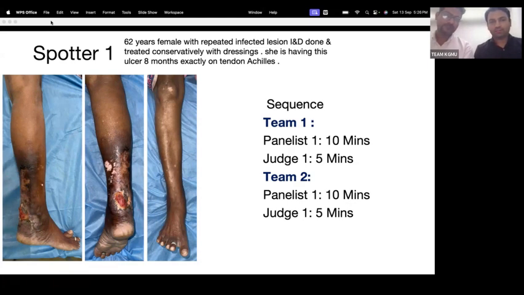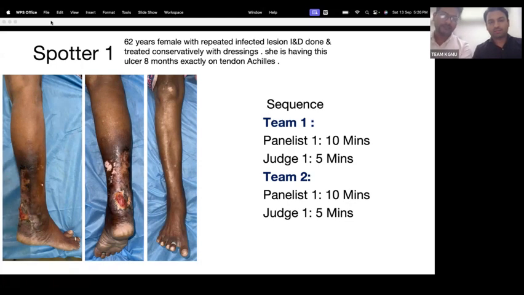How will you know that it is tendoachilles? Sir, on movement of the ankle joint, we will be able to appreciate. So how will you move? The patient is not going to move. Passively, I will do dorsiflexion and plantar flexion alternatively, and I will check the movement of the tendon.